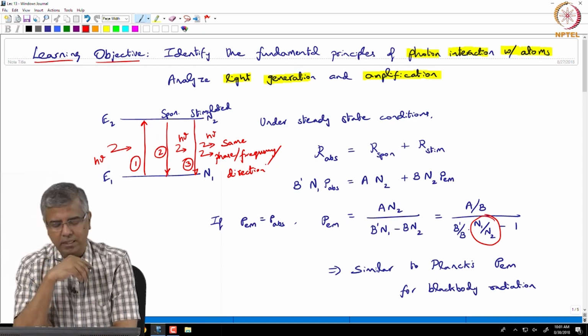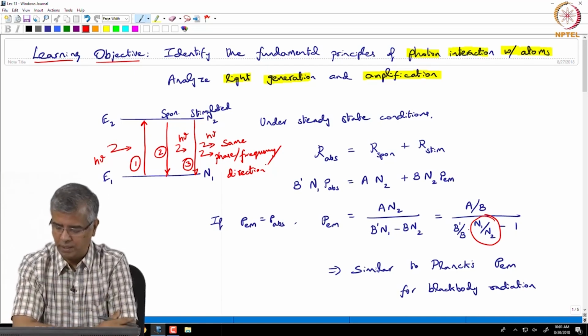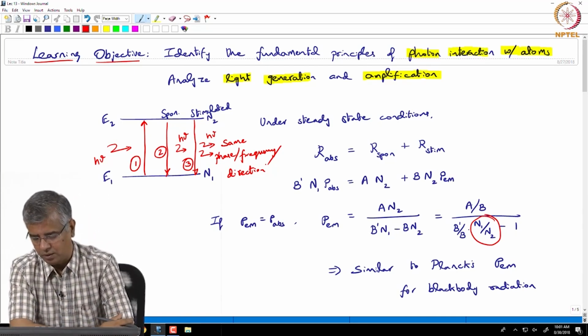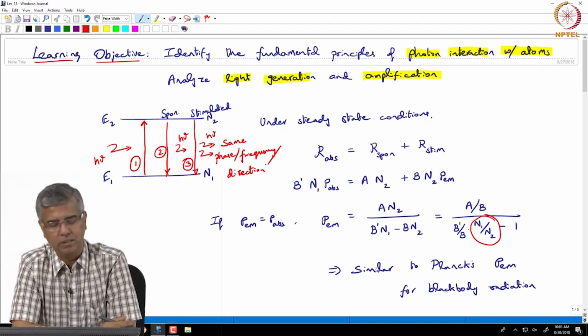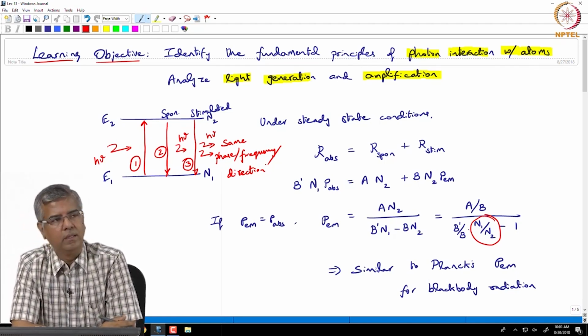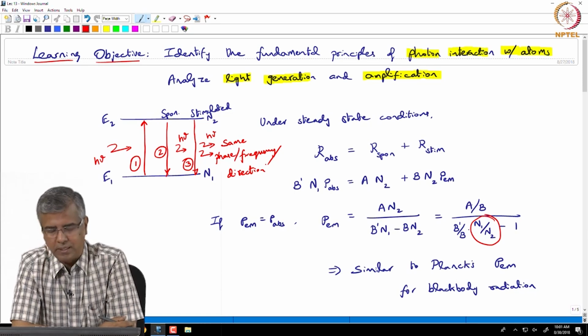So, then we started looking at this system under steady state conditions, what are the different rates of these processes, and then we came up with an expression for this emission probability density, which is an important factor that determines how much of the light is undergoing stimulated emission versus spontaneous emission.